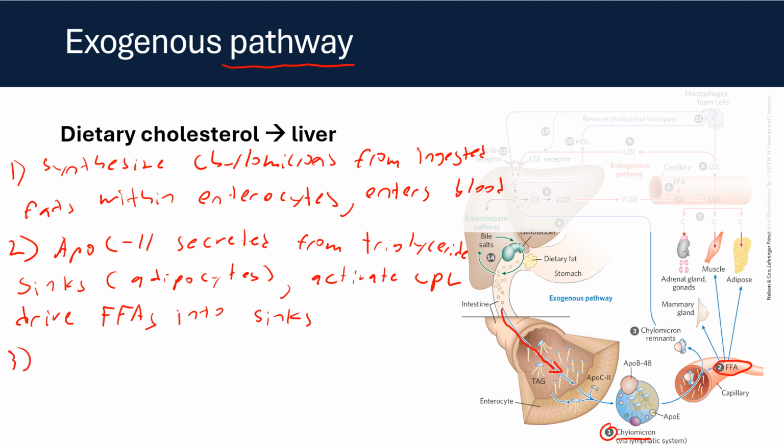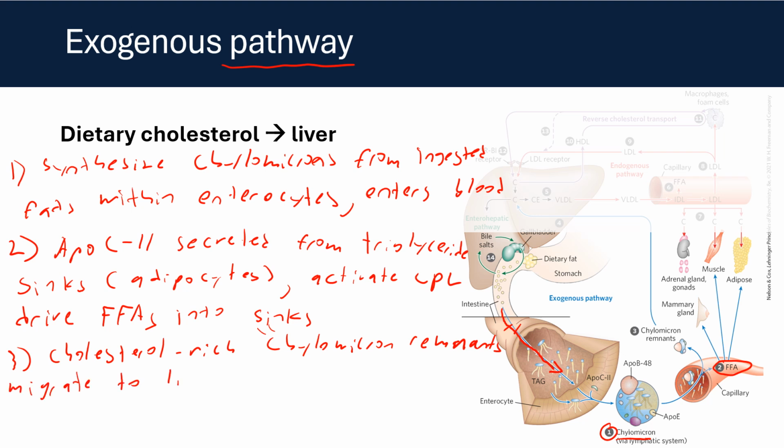So step three, the cholesterol-rich chylomicron remnants, we'll call it, migrate to the liver.